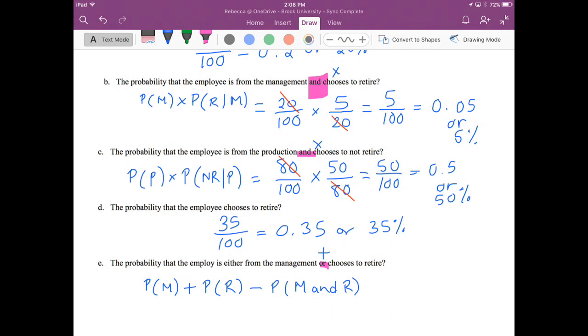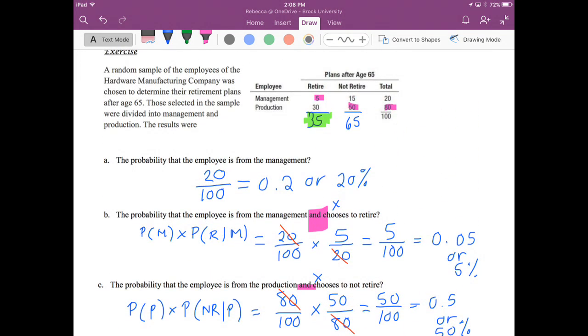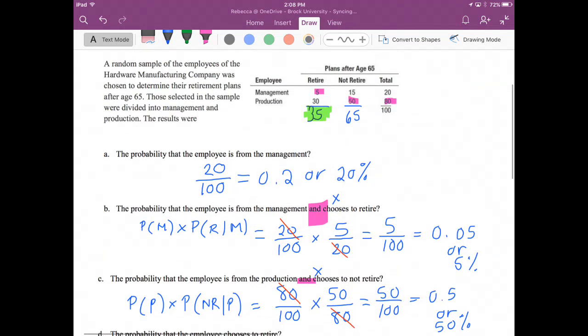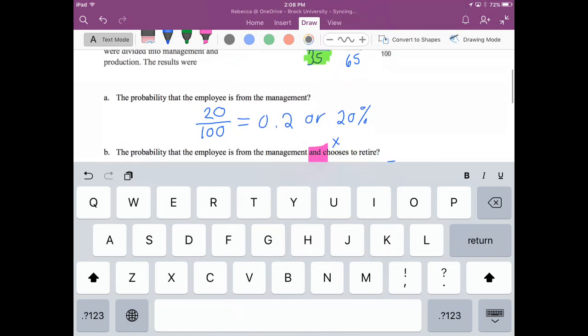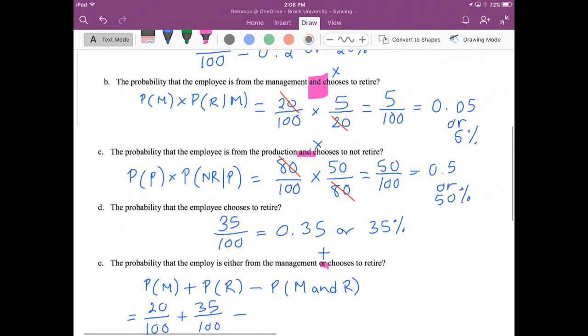So let's look at the first bit, the probability that the person is from management. Looking at our chart, there's 20 people out of 100 that are from management. So here is 20 out of 100. The probability that they're going to choose to retire is our 35 out of 100. So let's look at the number of people that are from management and choose to retire.